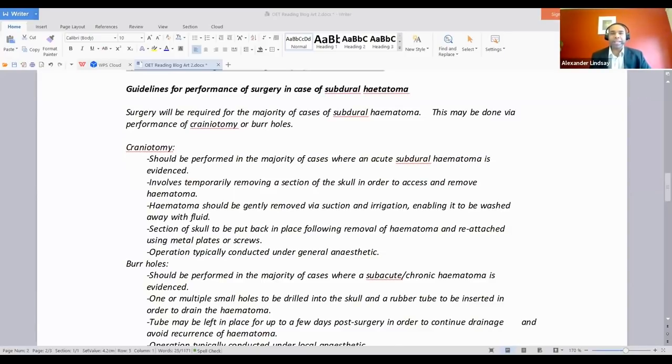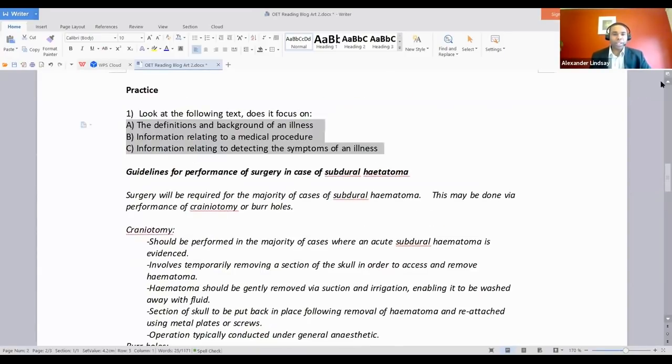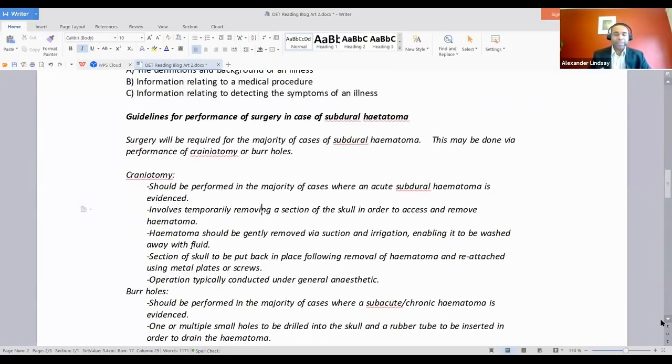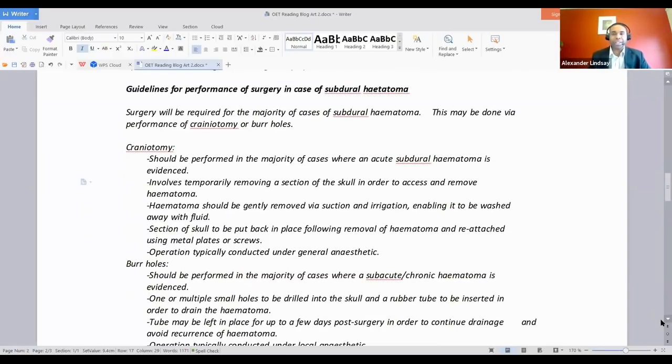So straight away here then, you've got the guidelines for performance of surgery in case of subdural hematoma. And, you know, surgery obviously is a medical procedure. So straight away, just from looking at the heading, you're getting a really strong clue as to what the general focus of the text is. So just reading that heading and then having a quick look at the topic sentence in order to get a sort of idea as to what the text is about.